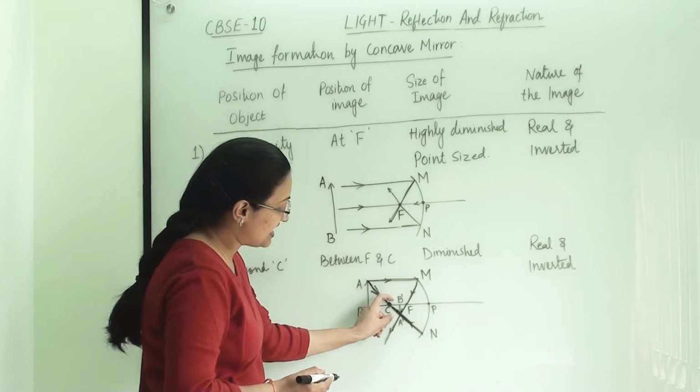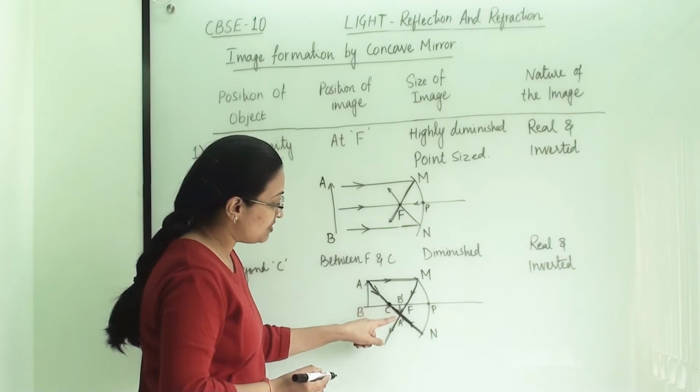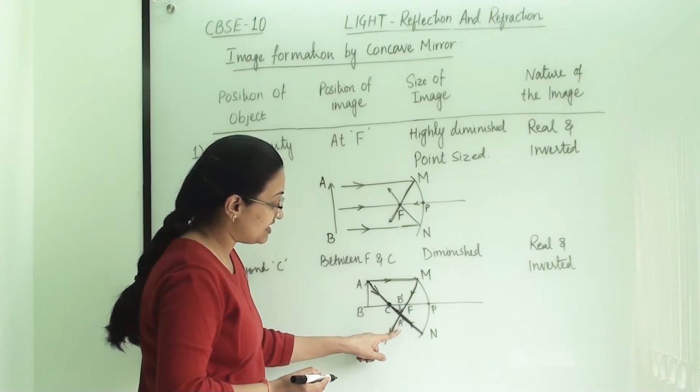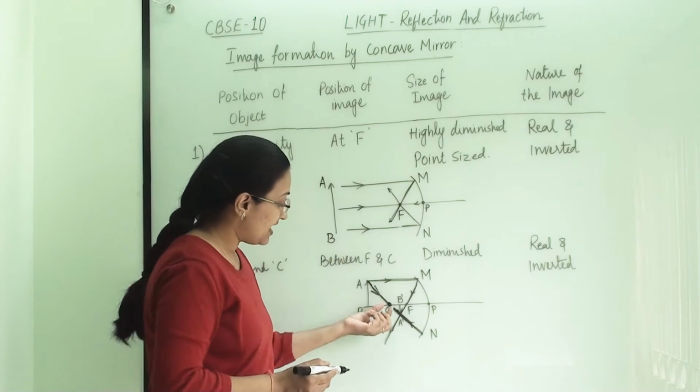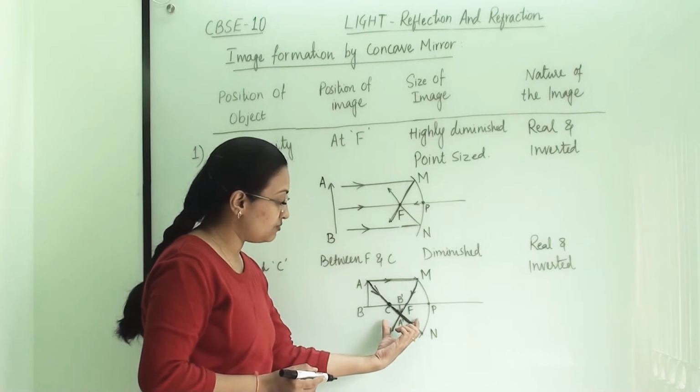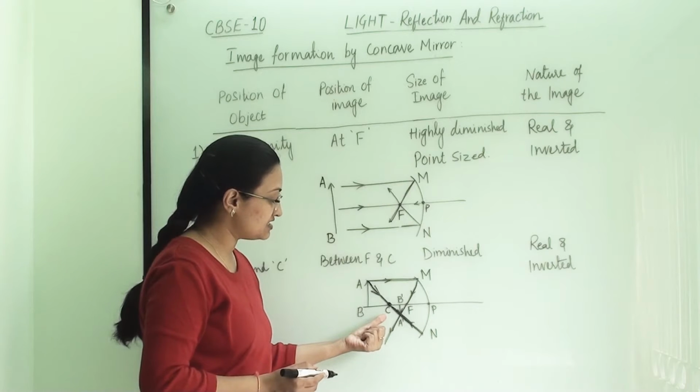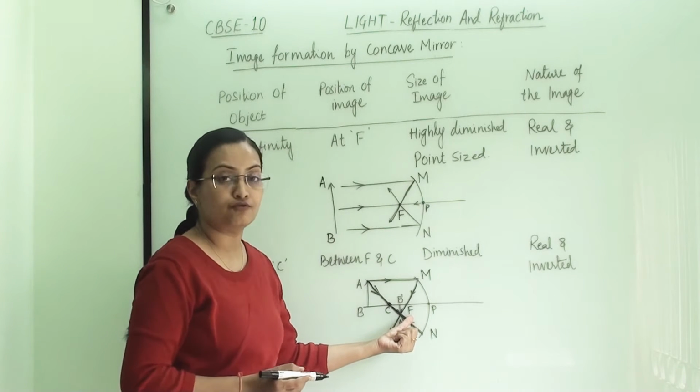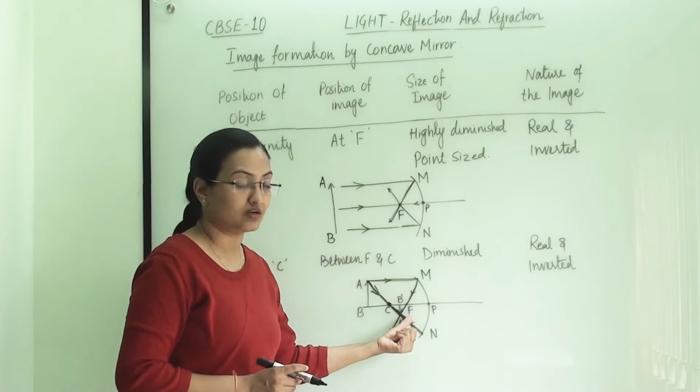In between this gap, we will get the image B dash and A dash. It is upside down and the position of the image is in between C, the center of curvature, and the focus point of the concave mirror.